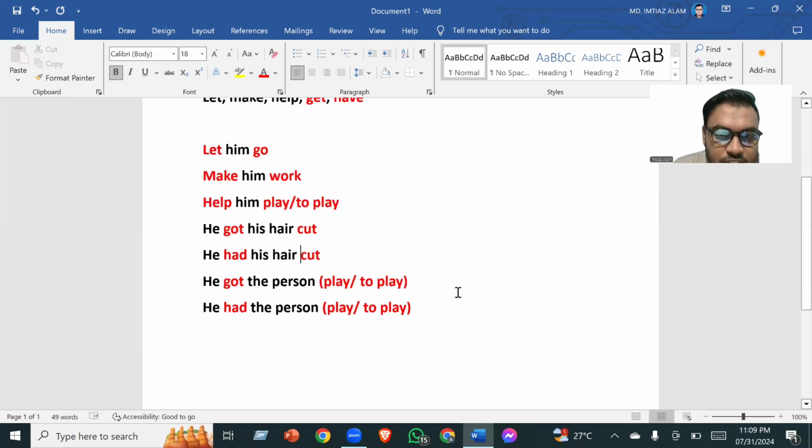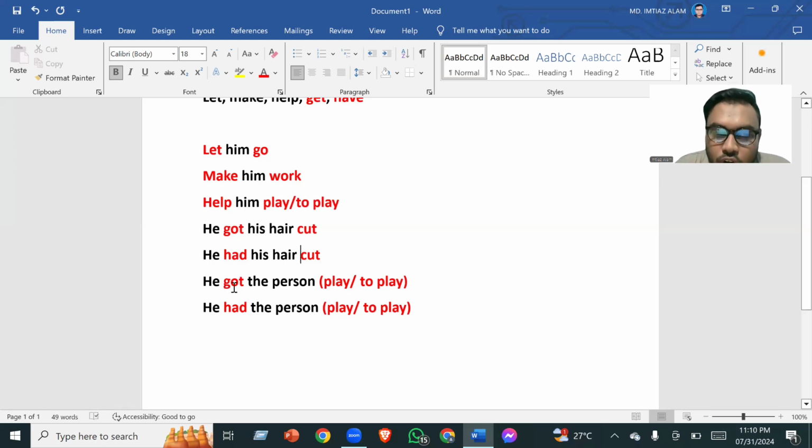And coming to the last segment, when we see got and had again being the causative verb, but this time after got and had there are words belonging to the human types. So there's a difference between human types and non-human things. Then the next verb will be transformed as follows.